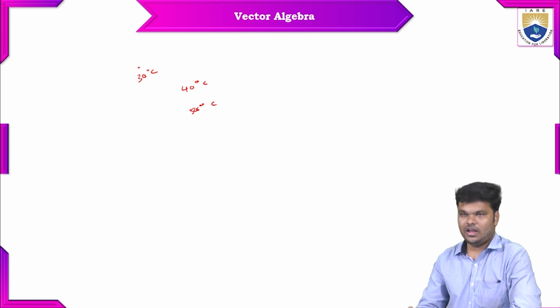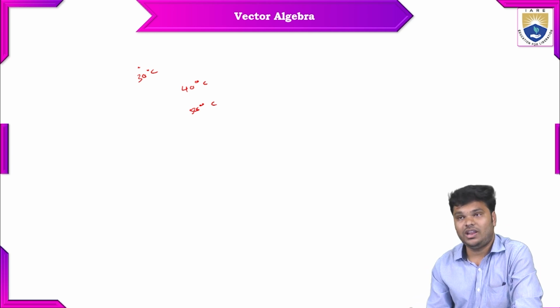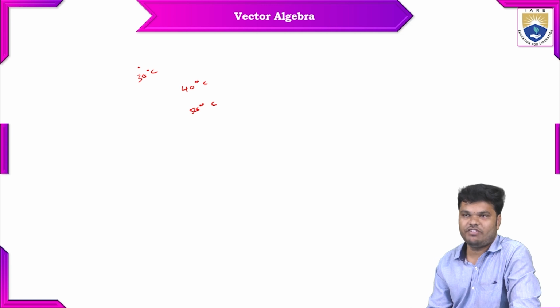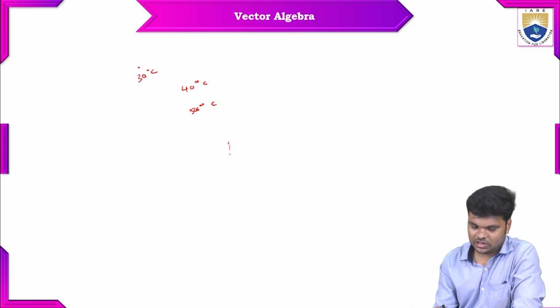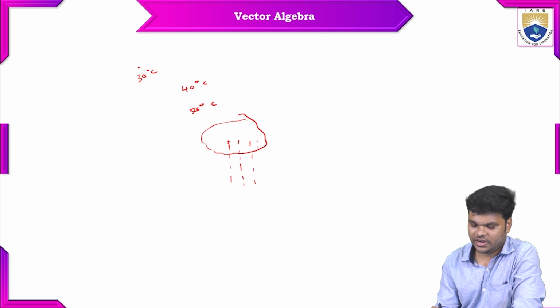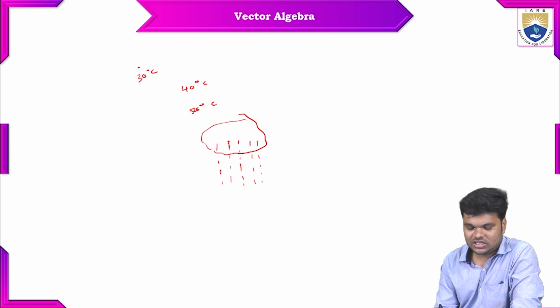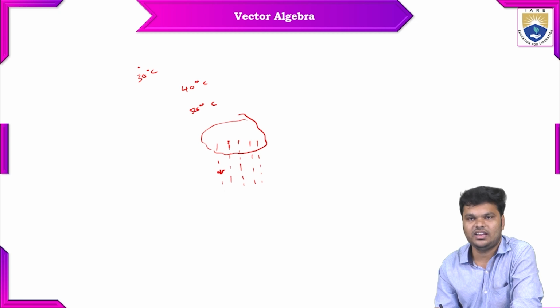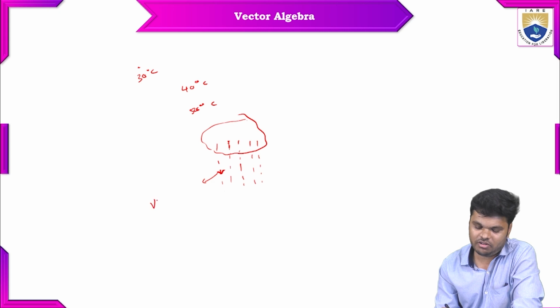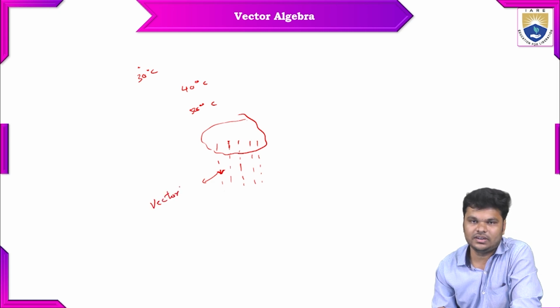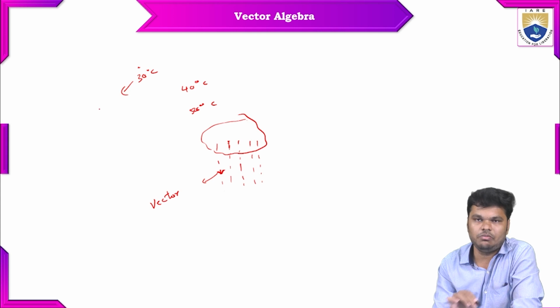And if you take the velocity of raindrops, any raindrop has some velocity and direction when it is in air. So this velocity of a raindrop is an example of a vector, and temperature is an example of a scalar.